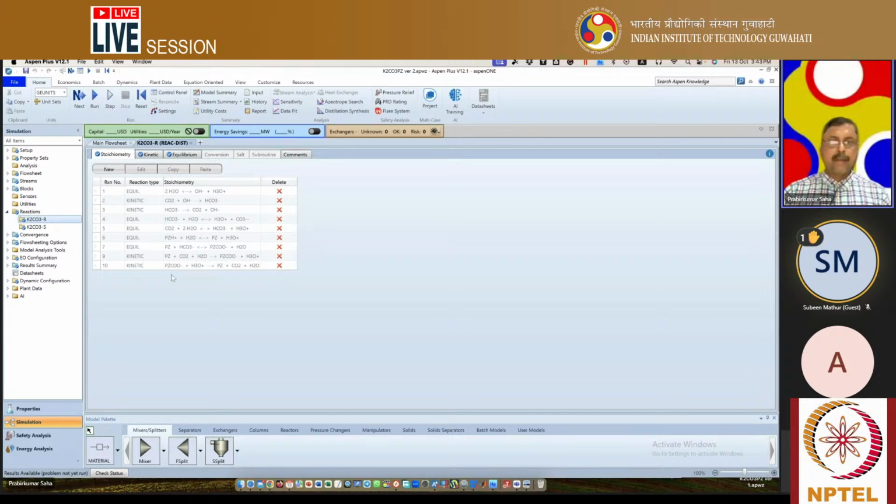But in the second kinetic reaction I am writing PzCO minus plus H3O plus, it goes to PzCO2H2O. So effectively all of them are somewhat reversible kinds of reactions.